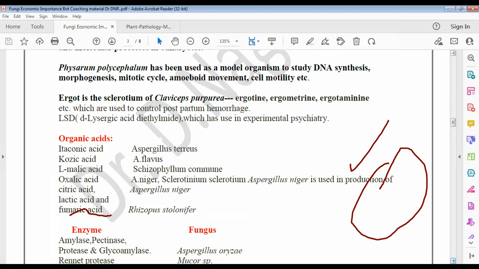Citric acid is prepared by using Aspergillus, Rhizopus, or Saccharomyces. Which one? Aspergillus. Right. With Aspergillus niger, we produce tons of citric acid.